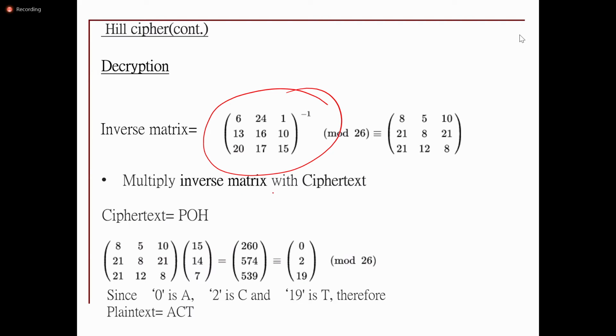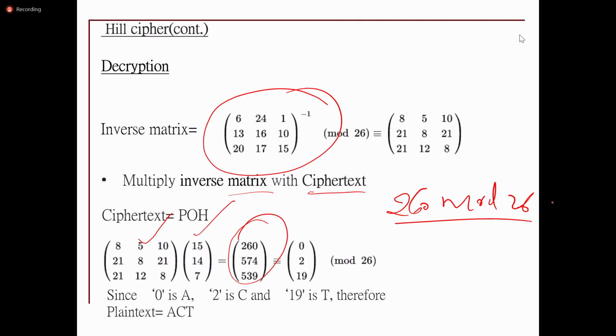After finding the inverse matrix, we need to multiply that inverse matrix with the ciphertext. If you observe, this is the inverse matrix and this is the ciphertext matrix. These two will be multiplied, and we do mod on the result. If the result is 260, we need to take 260 mod 26. 574 mod 26, like that.